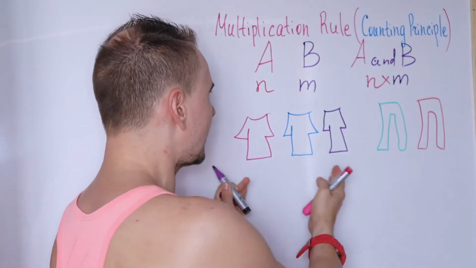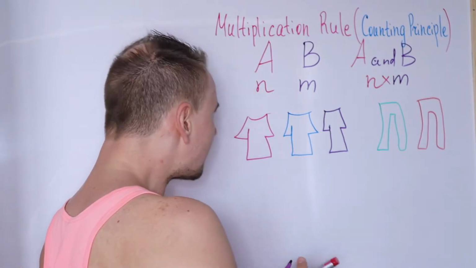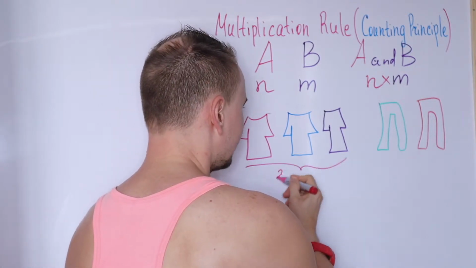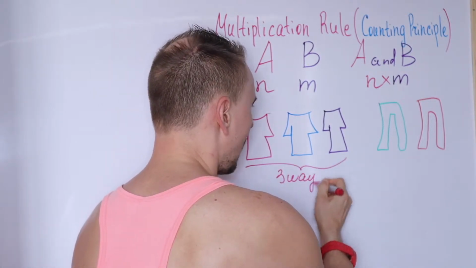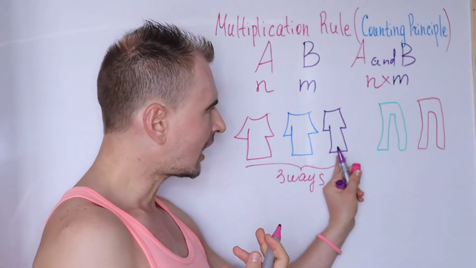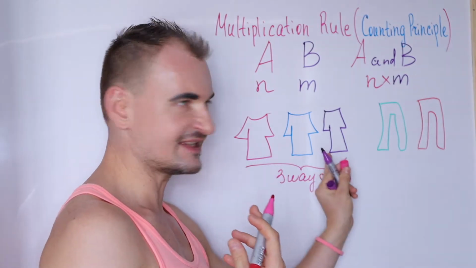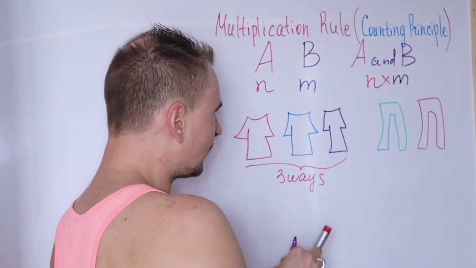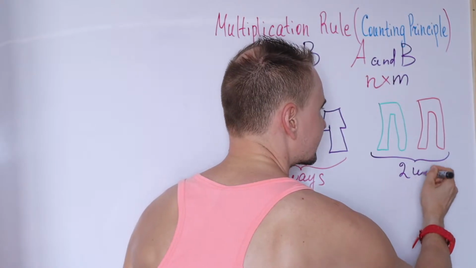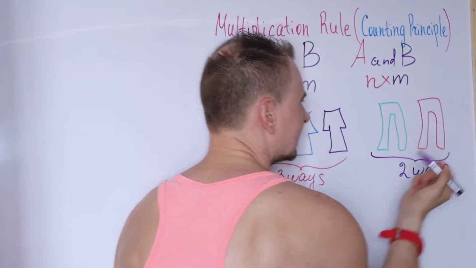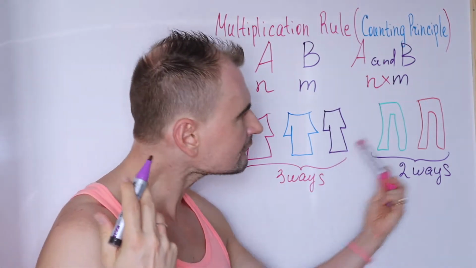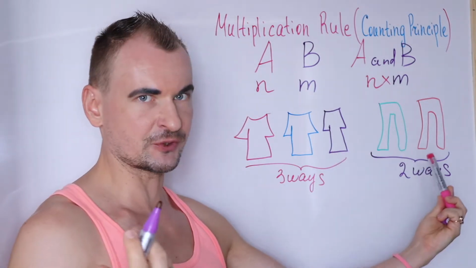Since your first event can come up in 3 different ways, you have 3 different ways of selecting a t-shirt from these 3, and you have 2 different choices of picking one pair of trousers from these 2.